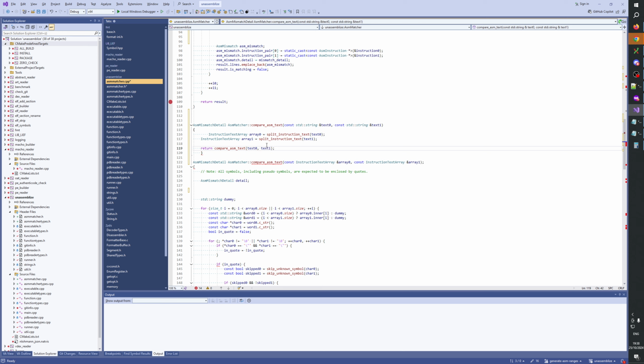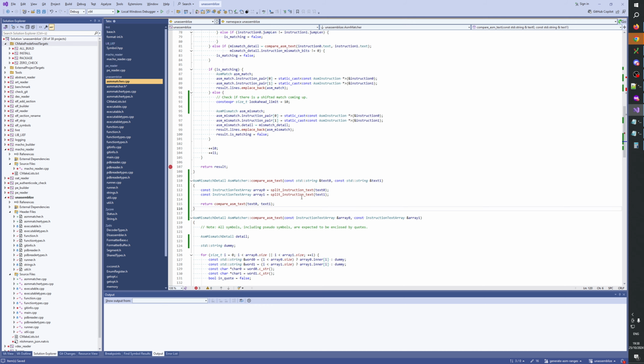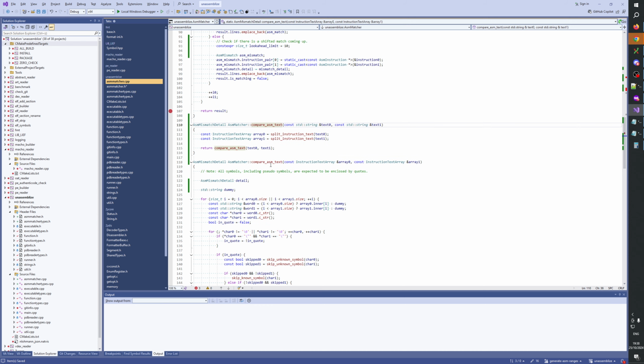Simple enough. We can also make it const. Yeah, and then we remove this. Okay, so basically we can now call this function with the broken down instruction text array or with the ASM text here. Okay, that's cool.